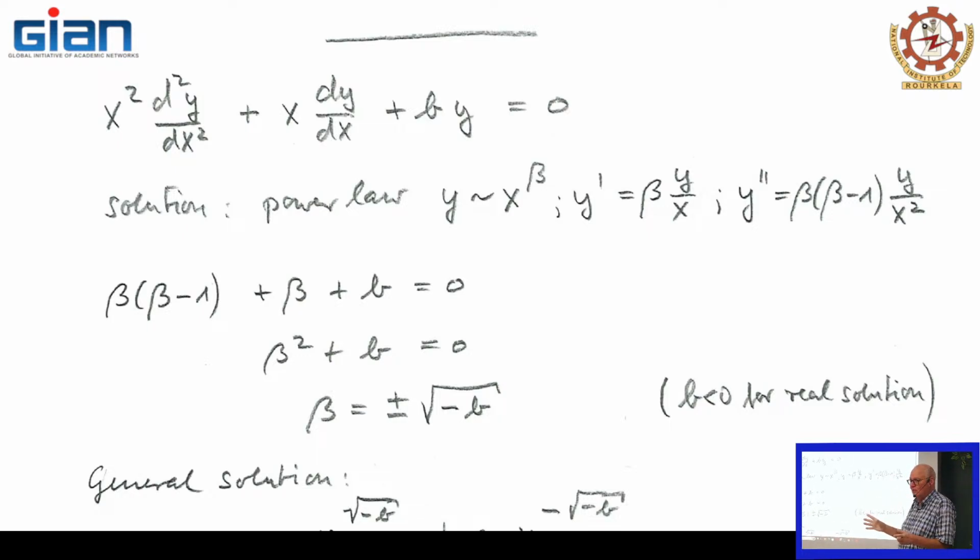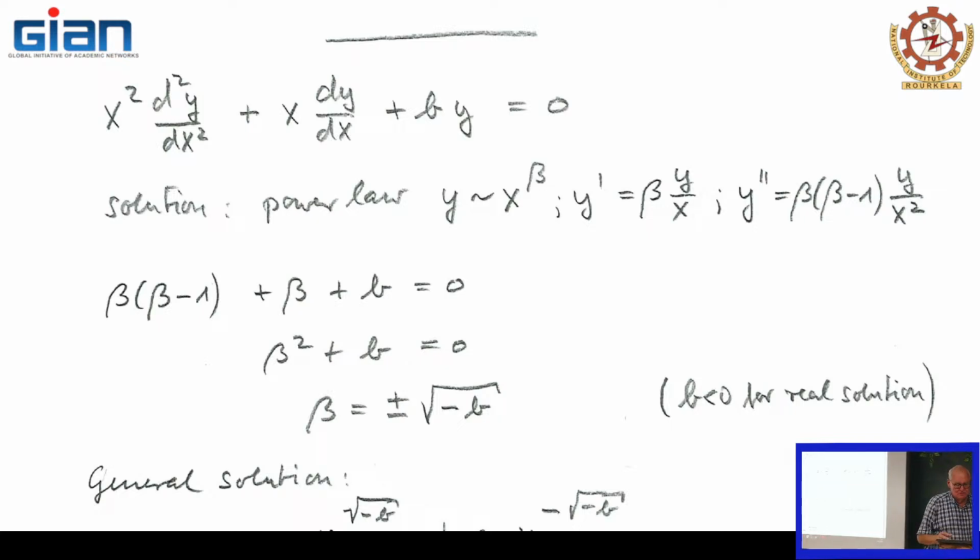So it's a singular point, and it's a regular singular point because it does not decay faster than the order of the differential equation. So in that case we have both irregular and regular solutions, and if we want to have only regular solutions, we have to exclude the irregular parts by appropriate boundary conditions.